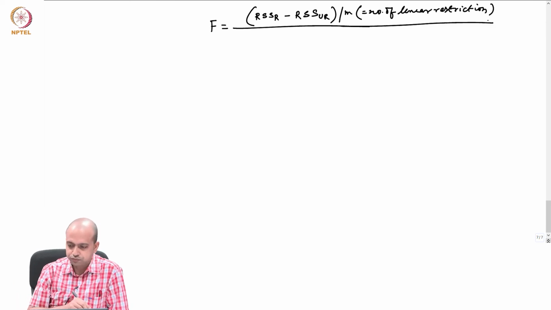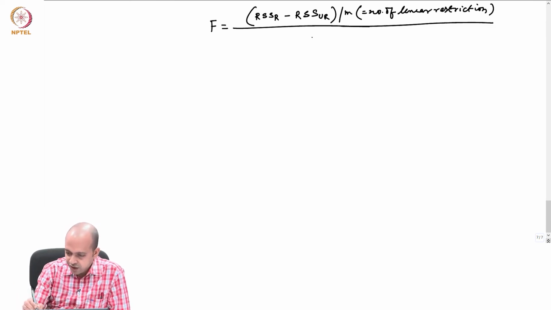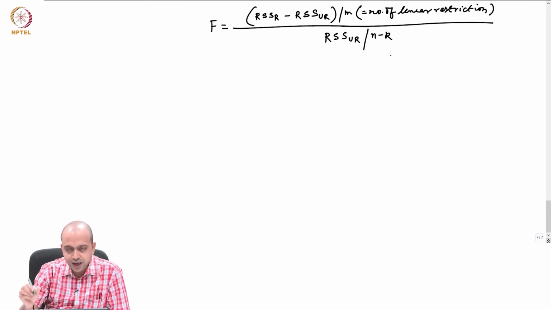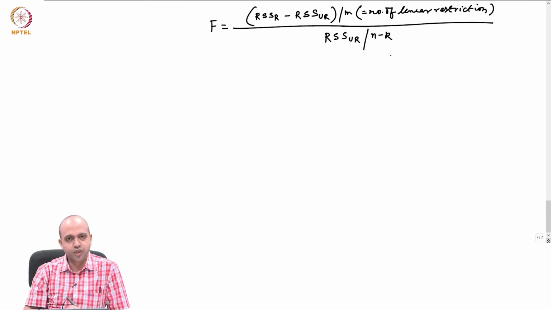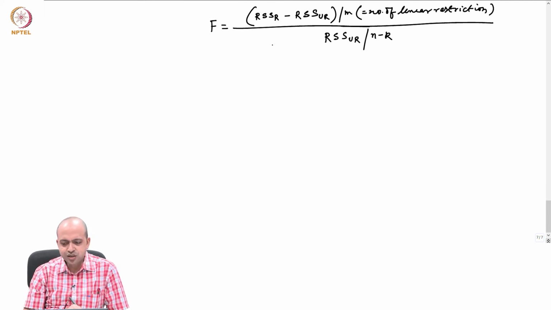That is 1, divided by RSS UR divided by N minus K, where K is the total number of parameters in the unrestricted model. Okay. Now, you may get sometimes confused that in the numerator, should it be RSS R minus RSS UR or RSS UR minus RSS R?